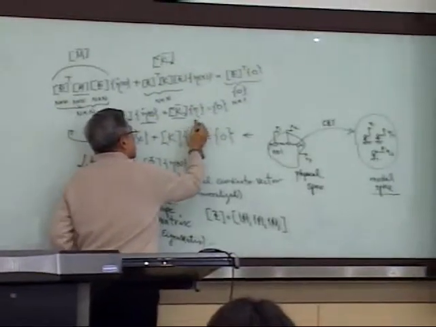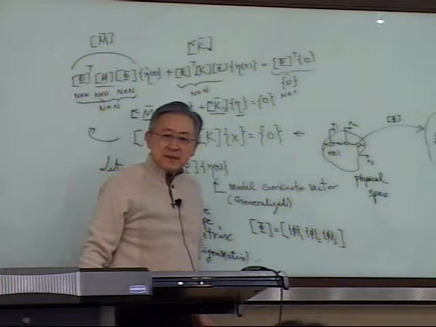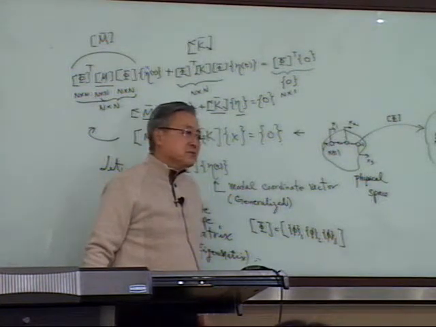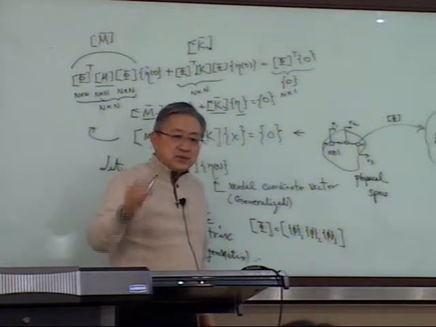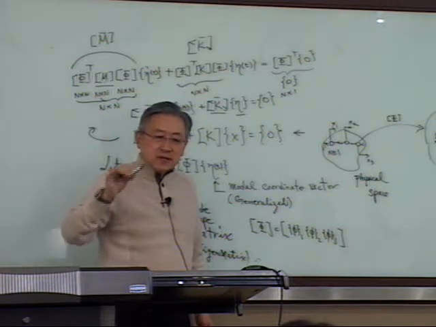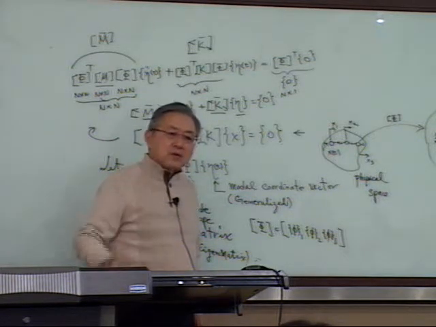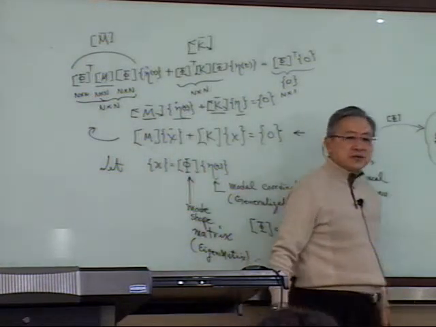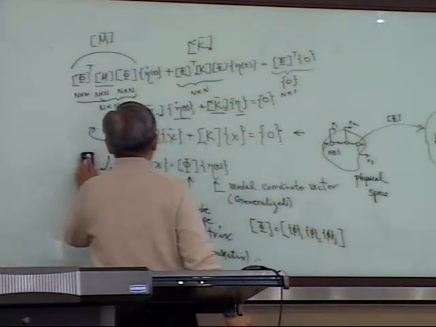Diagonal and diagonal in what space? Eta space, modal space. Diagonal means off diagonal terms are equal to 0, which means there is no coupling among the degrees of freedom or modal coordinates. Modal coordinates are all independent of each other.